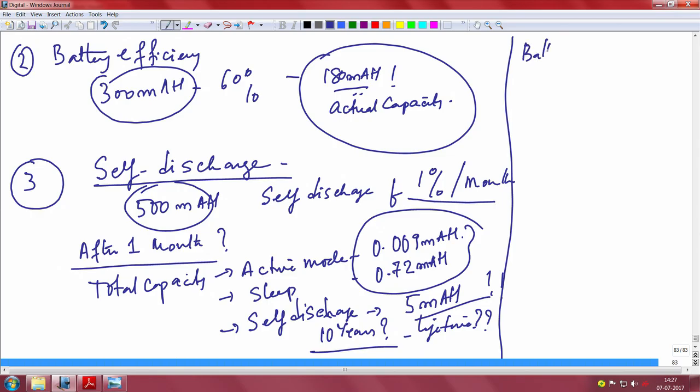Is there any other way, how do you improve battery life given all these pictures, right? One thing to improve is you increase the sleep duration.